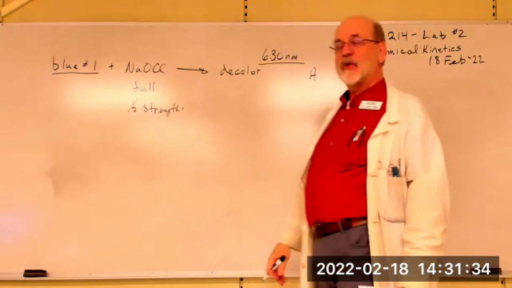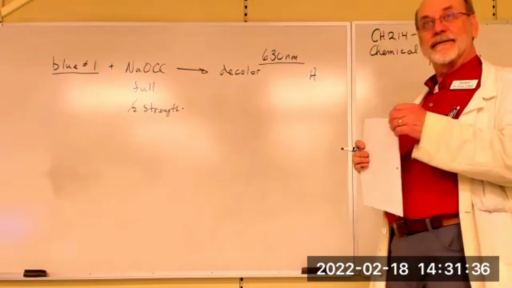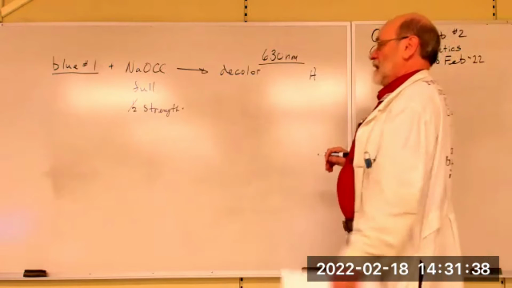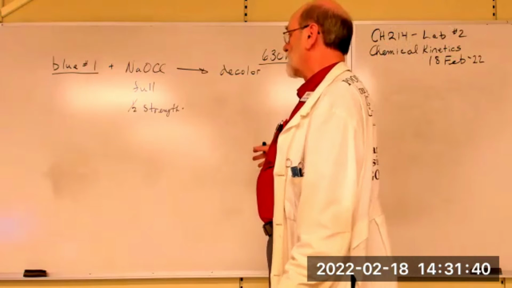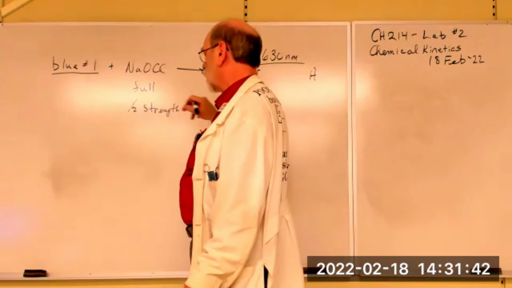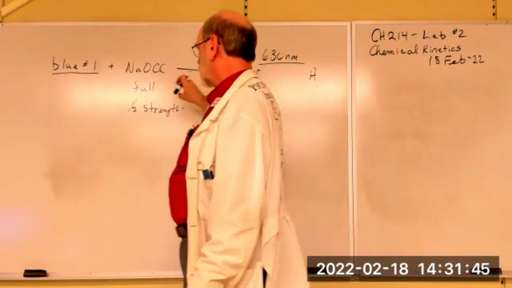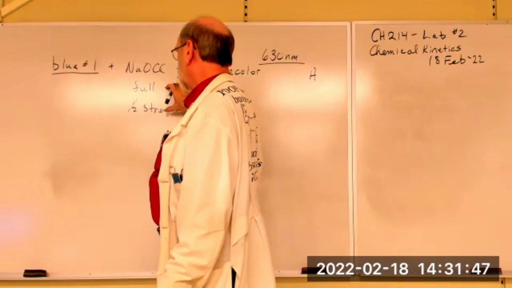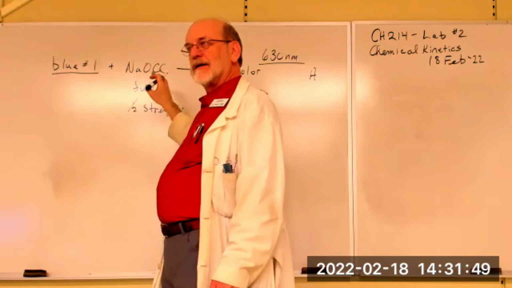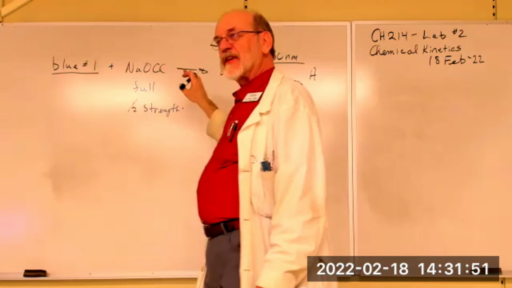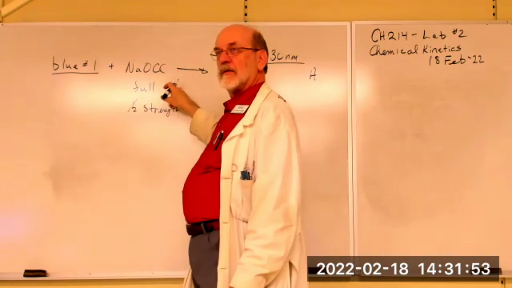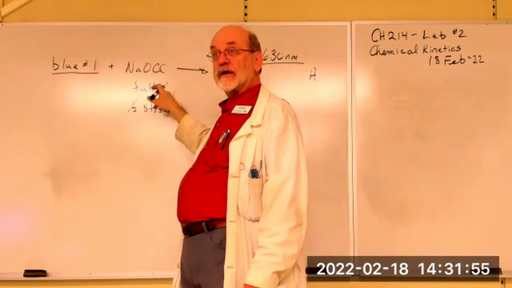Sodium hypochlorite. Okay. The reason that we have to do it this way is that the concentrations here are so high that we can essentially ignore the concentration of sodium hypochlorite.